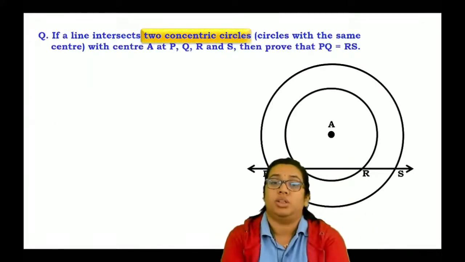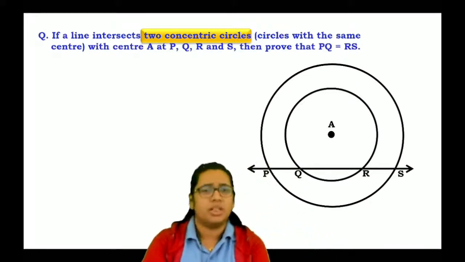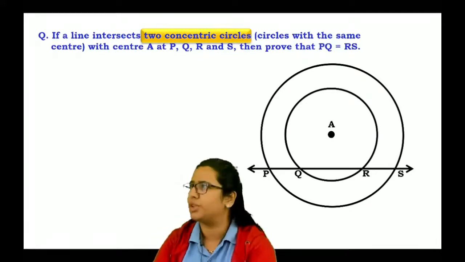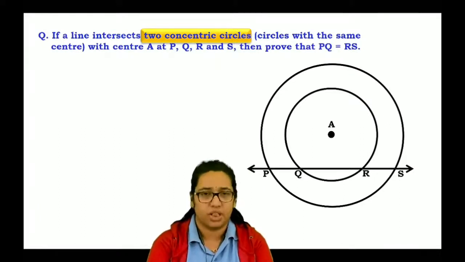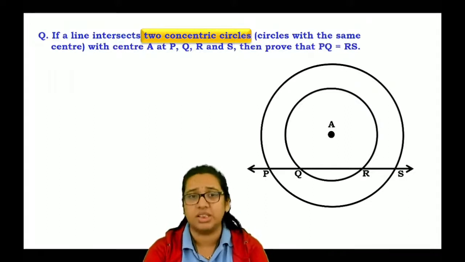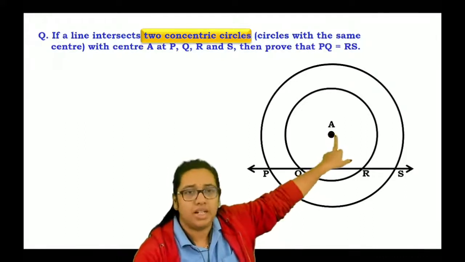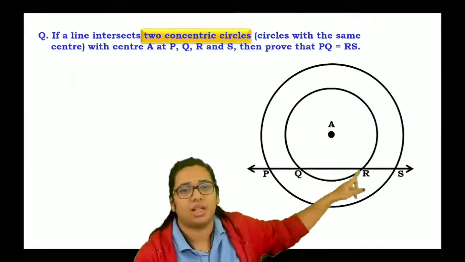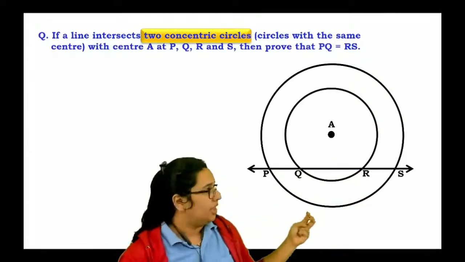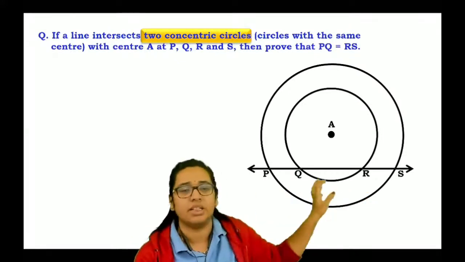Now, this is a very important question, it is asked many times. Here you will be asked either to directly prove the theorem, to prove the result, or some numerical values will be given to you. If a line intersects two concentric circles, which is nothing but circles with the same center, at P, Q, R, S, then prove that PQ equals RS. Here we have two concentric circles and a line intersecting these two circles.